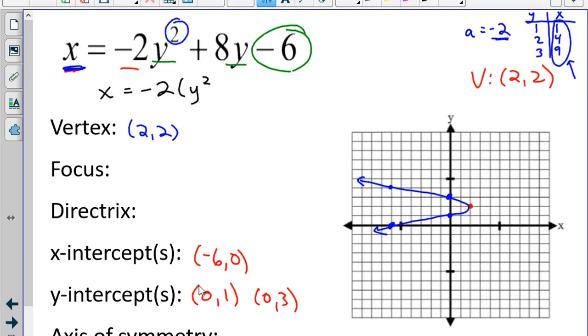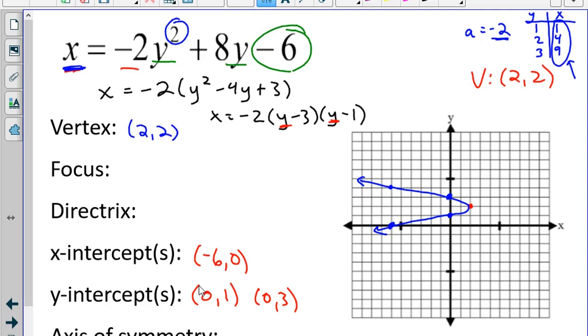So I have y squared minus 4y plus 3. I could have factored this into -2 times (y minus 3) times (y minus 1). And that would mean that what makes x 0 would be when y is equal to 3 or when y is equal to 1. So those would have shown up there.